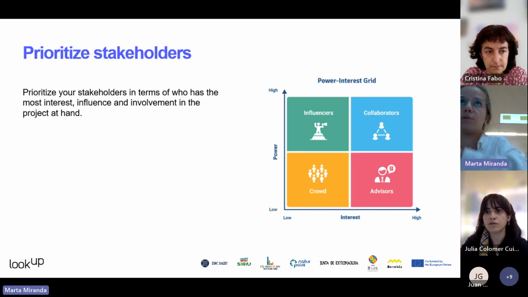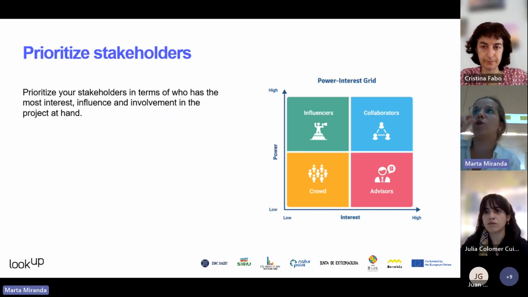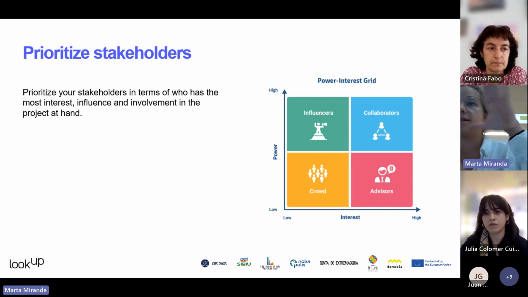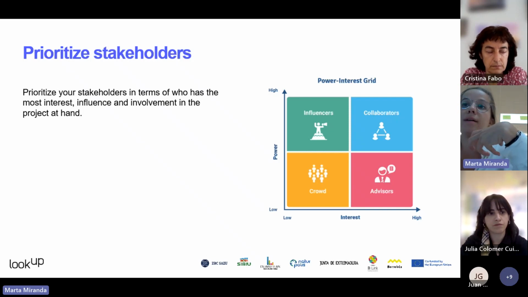So once we have identified the communities, the government, this kind of business maybe, or partner, we can place each stakeholder in a graph with 2 axes, where in one axis we have the power they have in our business, like the power of affecting the decisions of our business, and also the interest they have in our business. Maybe we're going to see this in more detail in the following slides.